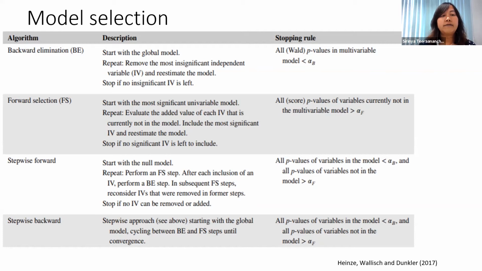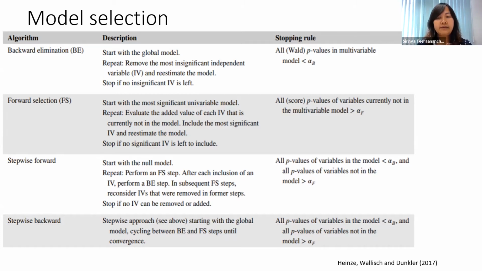The second one is forward selection. The third one is stepwise forward. And the last one is stepwise backward. In my opinion, I might pick some method to adjust to my model. So, for example, I will use backward to enter predictors and adjust in my way after that.